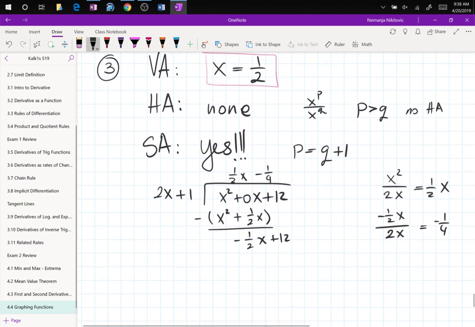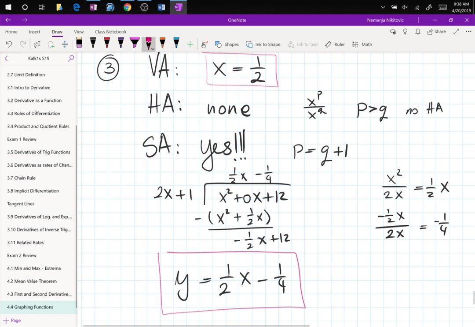We don't have to calculate the remainder because we already have y equals mx plus b, so it's y equals 1/2 x minus 1/4. And we box that because that is another piece of information that we will use to draw the graph. So far we have the domain, the y-intercept, the vertical asymptote, and now the slant asymptote as well.